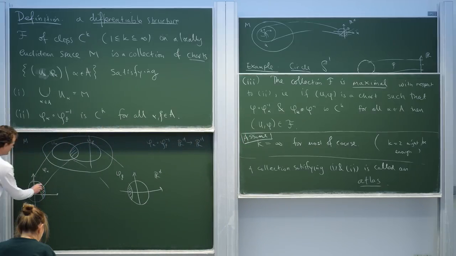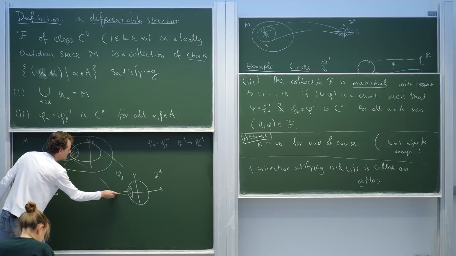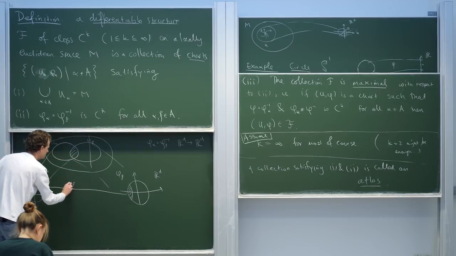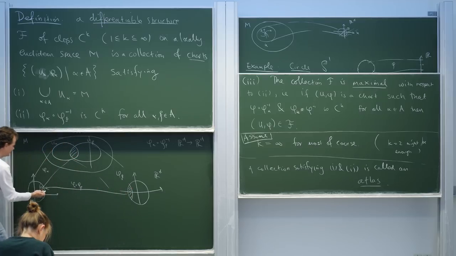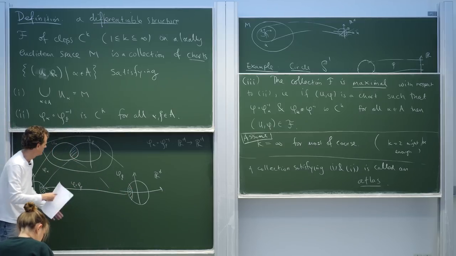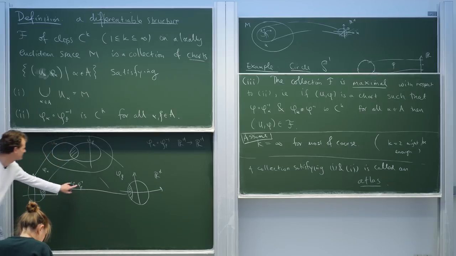So on this colored in patch here, oops, there's got to be an inverse. That's got to be a super smooth differentiable map.